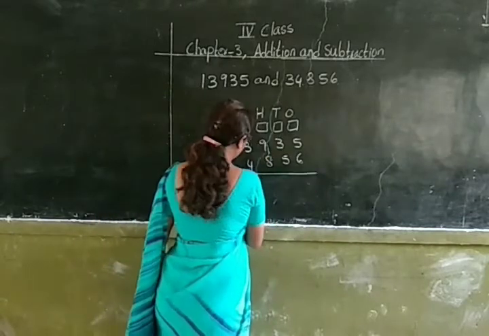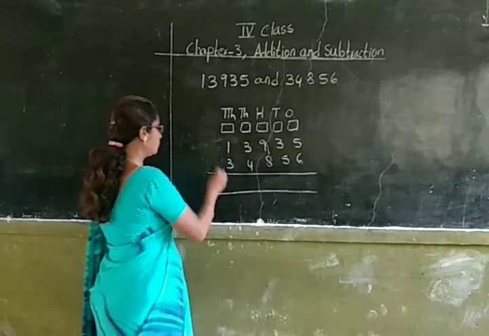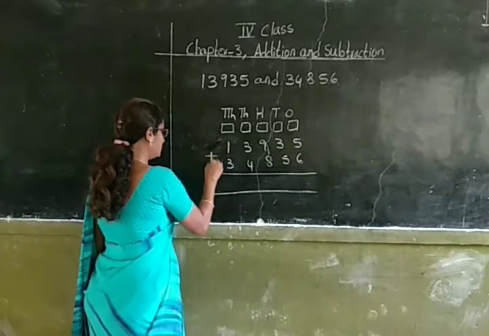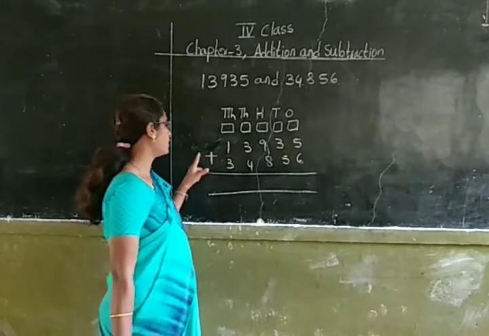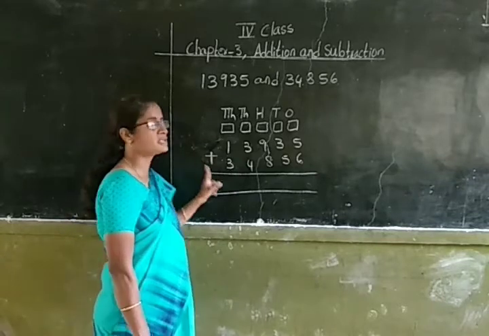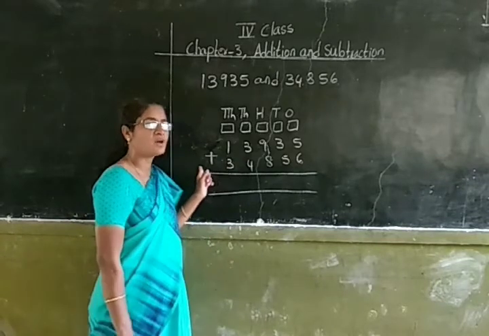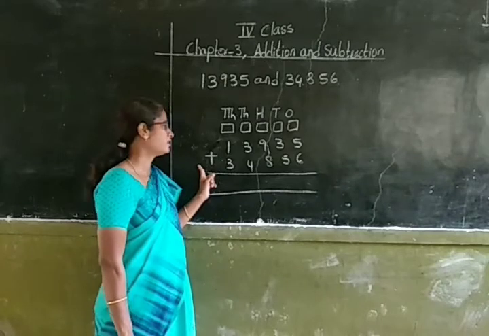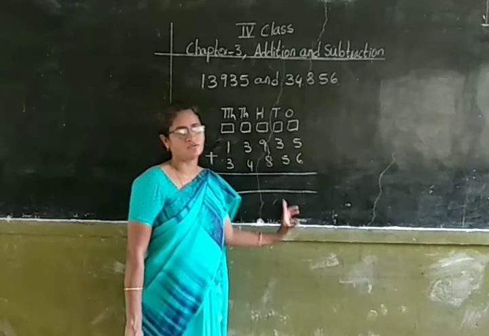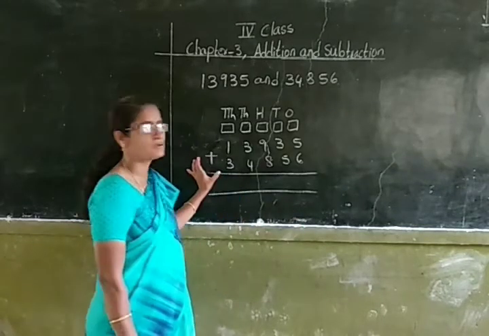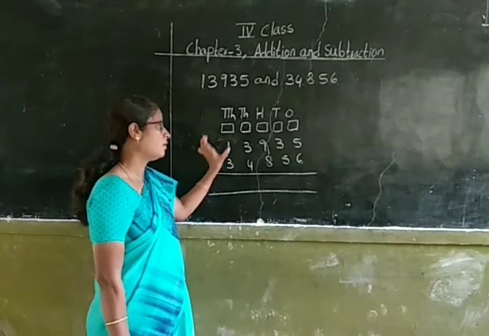Then you have to place the symbol of addition, which is plus. You always have to mention the symbol of the operation which you are doing. Otherwise, you can't know which operation you are doing here.